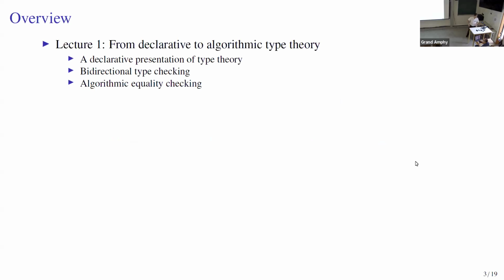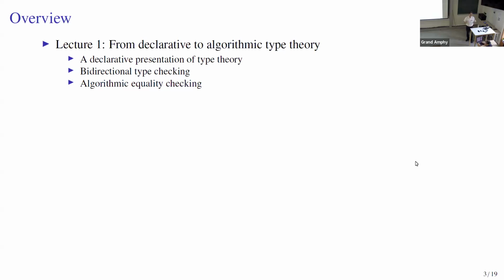So, let me give you an overview of what we're going to do. In today's lecture, we're going to take a type theory that is presented in the usual style. It's more or less the kind of rules that Frederick was showing in his lectures. And then we'll think about what it takes to implement them. We're going to see that the way they're written directly, you cannot just put them into code.